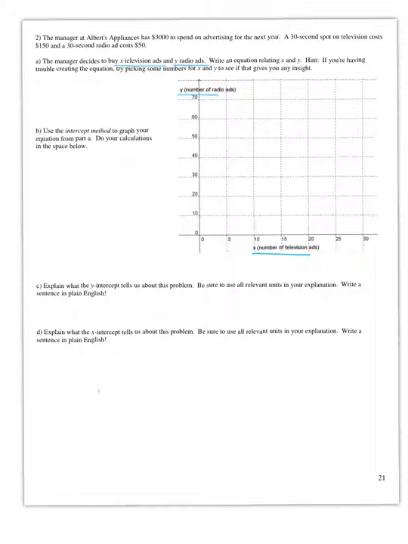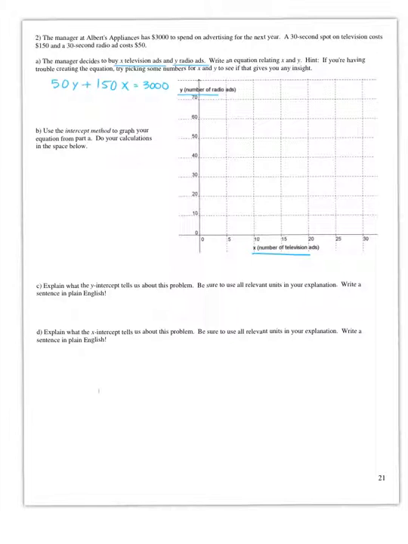X is the number of television ads, and each television ad costs $150. So in his budget, it's going to be 150 times X. Radio ads cost $50. So it's going to be 50 times the number of radio ads, which is Y. If we add those up, they have to equal $3,000, as that's the budget.